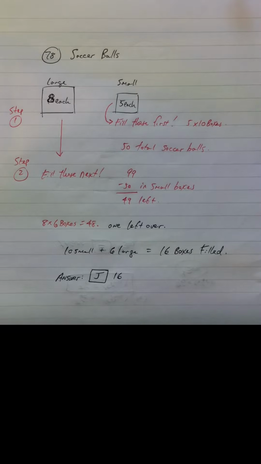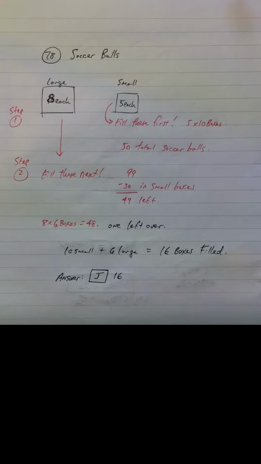Question 78. Since the soccer balls are going into two different size boxes, use the small boxes first. If you fill all 10 boxes, 5 go into each box. 5 times 10 is 50 soccer balls total. Next, fill the large size boxes. Each one holds 8 soccer balls.